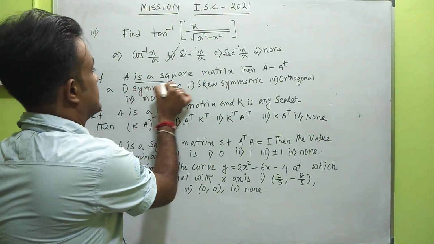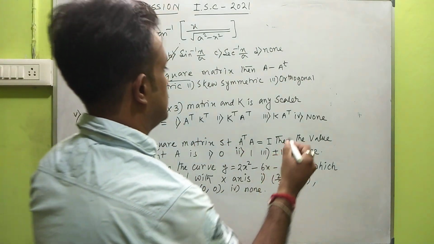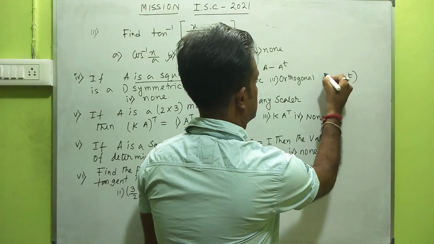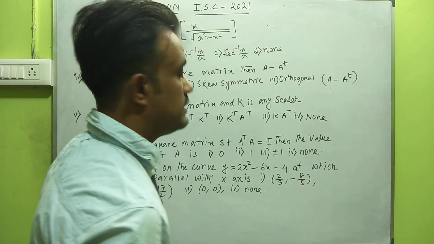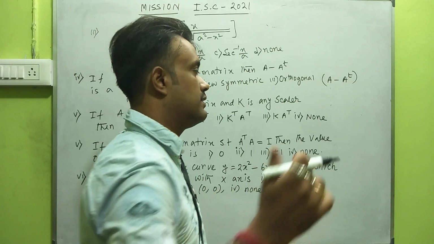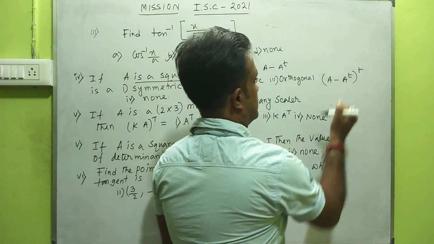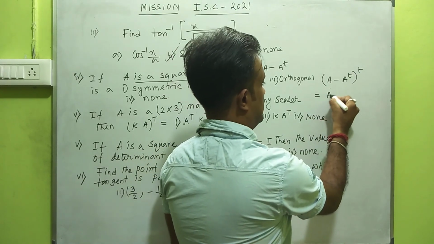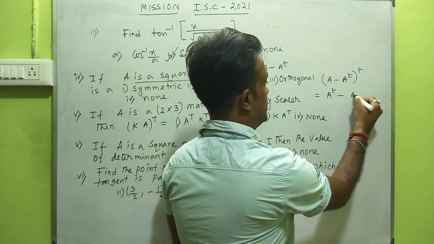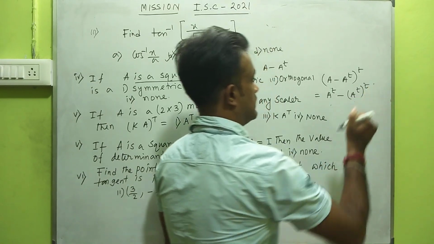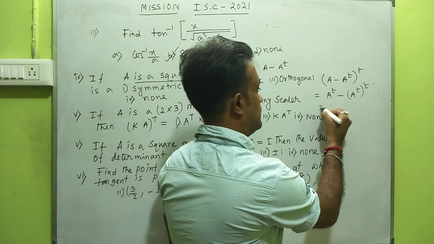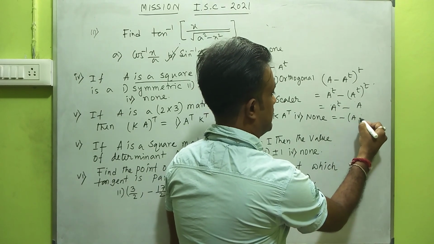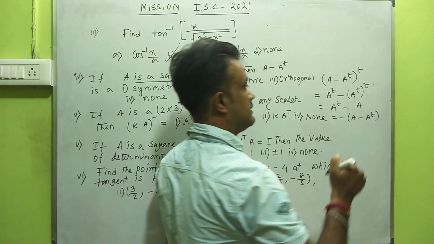First, it is given that A is a square matrix. So for checking symmetric or skew symmetric, we must take the transpose of A minus A transpose, and it will be A transpose minus A transpose transpose, that is A transpose minus A, that is minus of A minus A transpose.